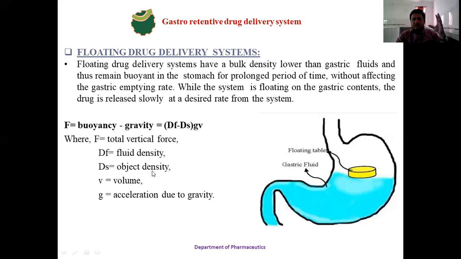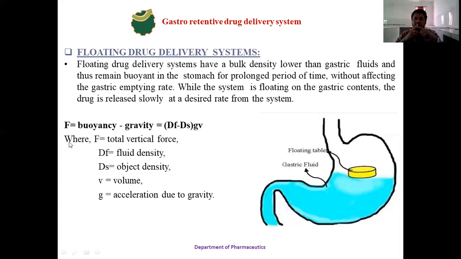If the fluid density df is more and the object density is less, and the object density should always be less, then the vertical force will be more. So if df is more, automatically the F value will increase, the vertical force will increase.